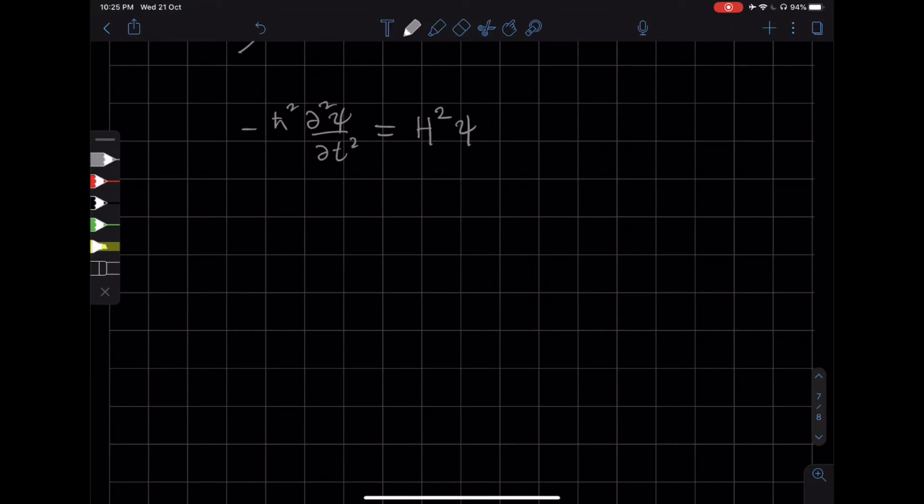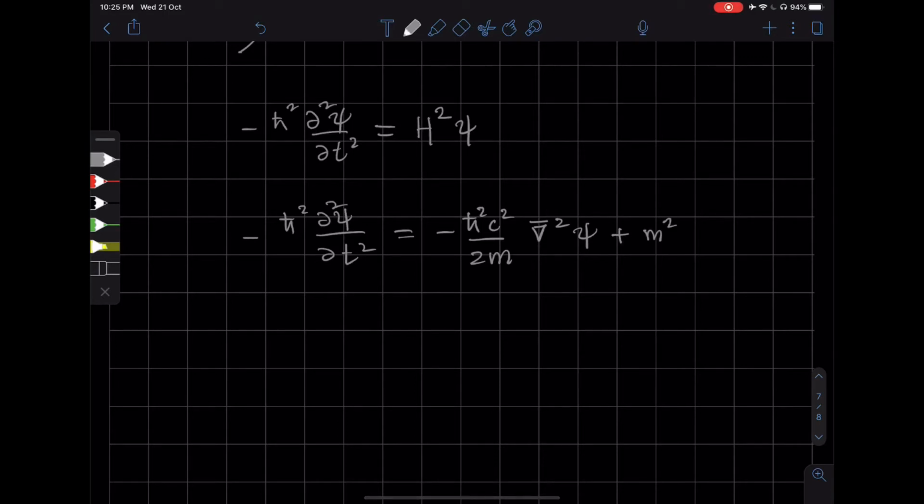If we now use the relativistic energy expression in H squared, then this equation will give us a second order equation where on the right-hand side we now have minus h bar squared c squared, the Laplacian acting on psi, and then we have m squared c to the power 4 psi.